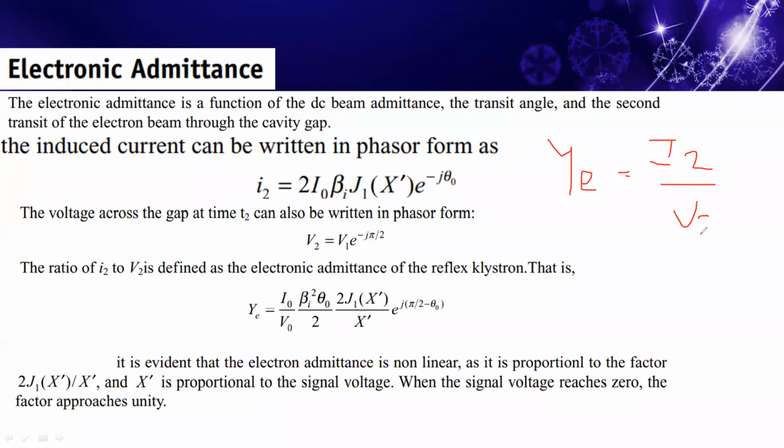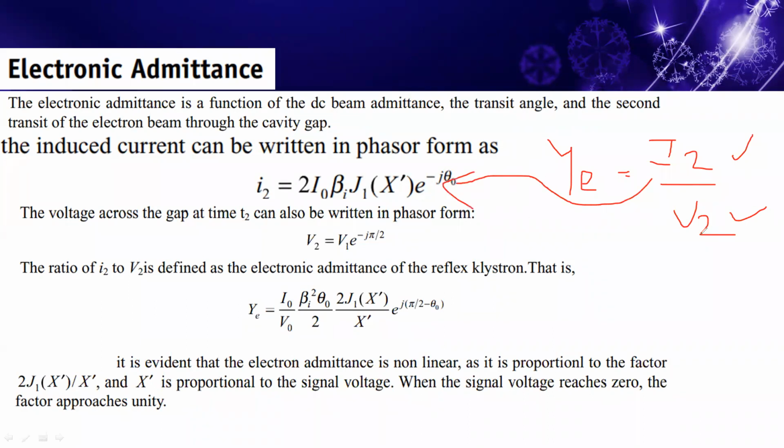That is the formula for admittance. We know that I2 and V2 are the output current and voltage of the reflex klystron.